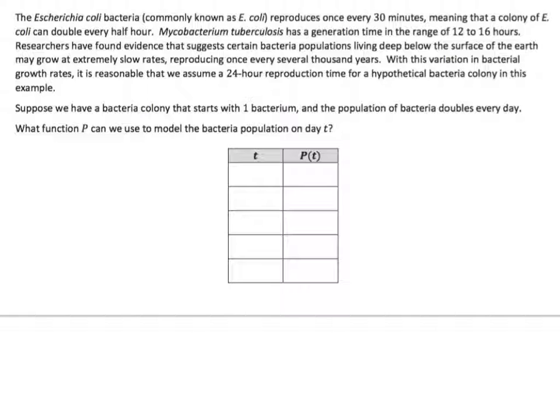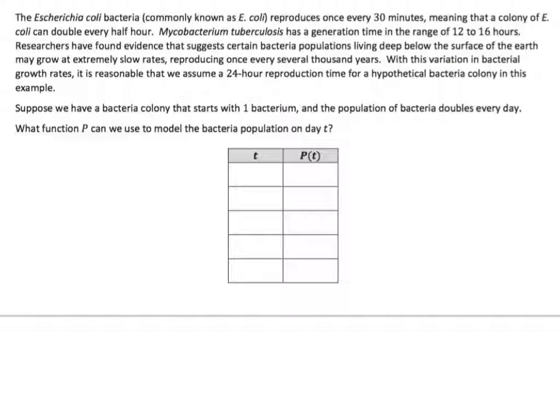Researchers have found evidence that suggests certain bacteria populations living deep below the surface of the earth may grow at extremely slow rates, reproducing once every several thousand years. With this variation in bacterial growth rates, it is reasonable that we assume a 24-hour reproduction time for a hypothetical bacteria colony in this example.